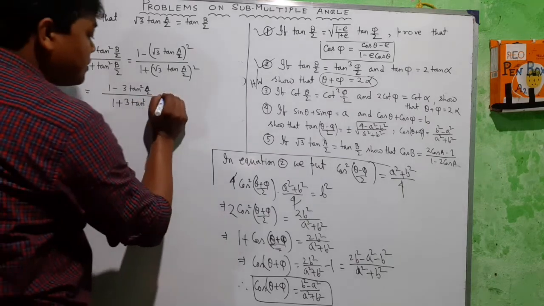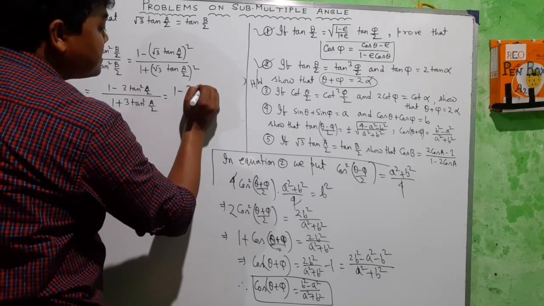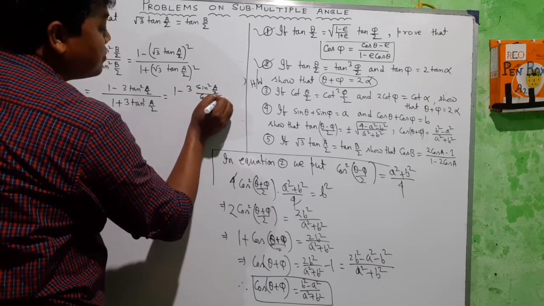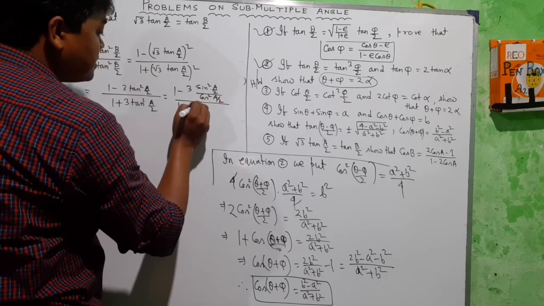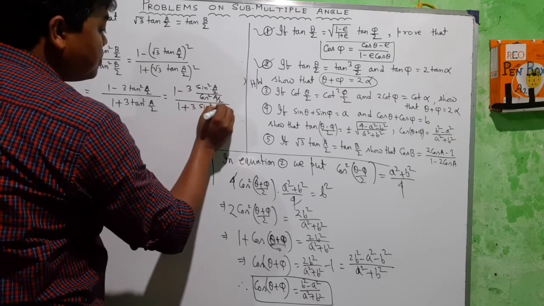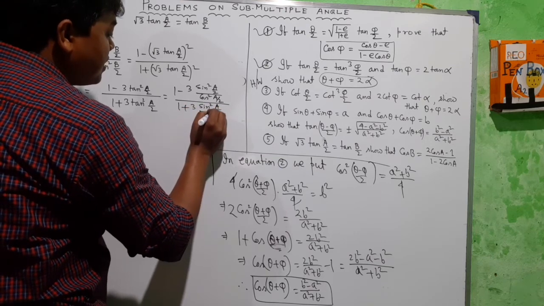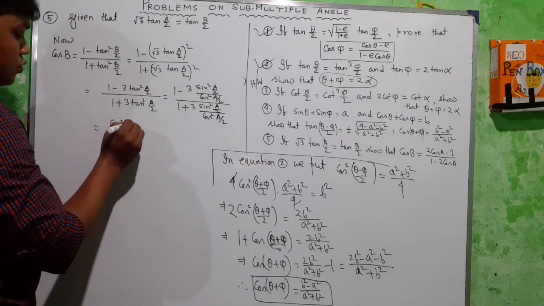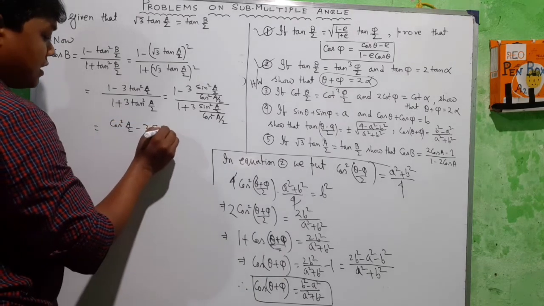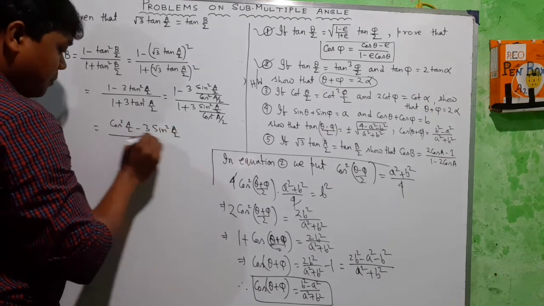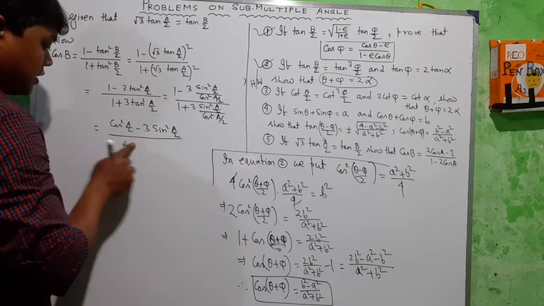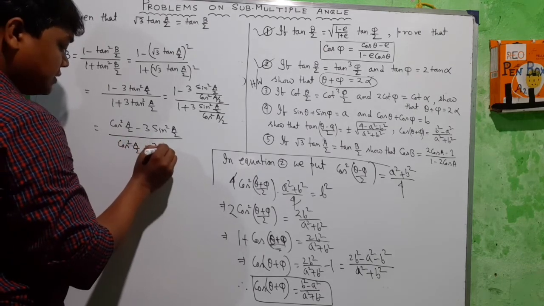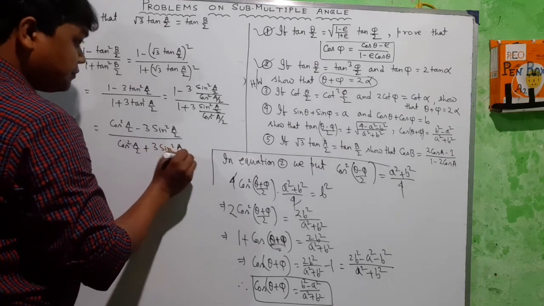So after some calculation, we can say (1 minus 3 sin square a/2 by cos square a/2) and (1 plus 3 sin square a/2 by cos square a/2). So (cos square a/2 minus 3 sin square a/2) by (cos square a/2 plus 3 sin square a/2).